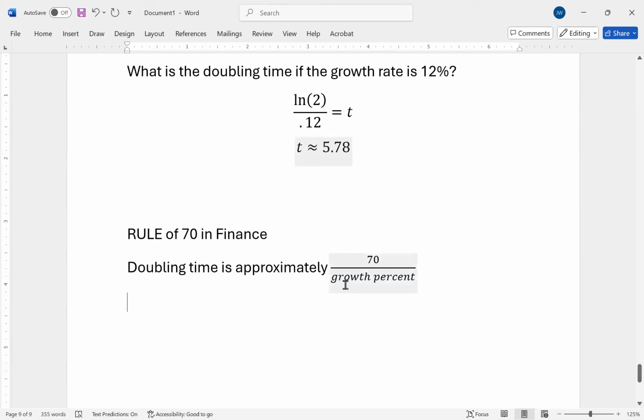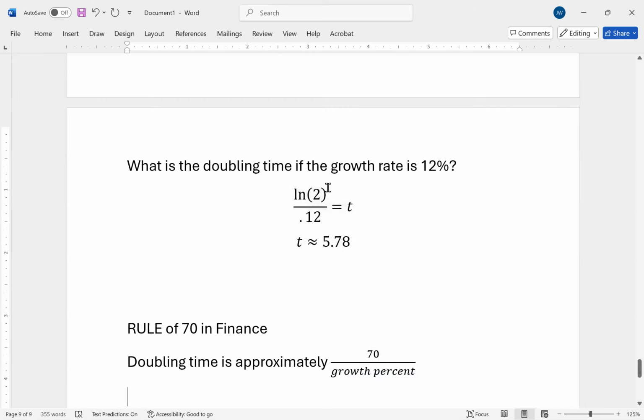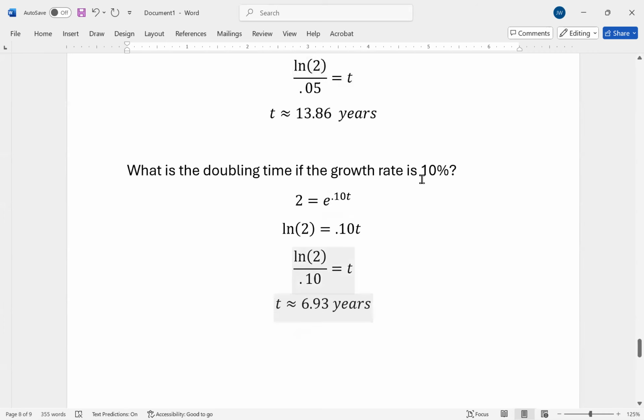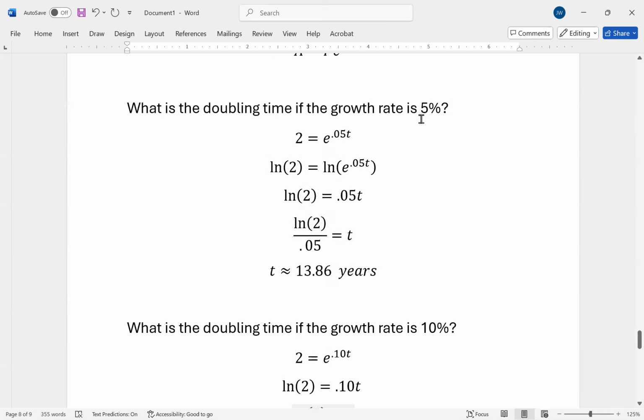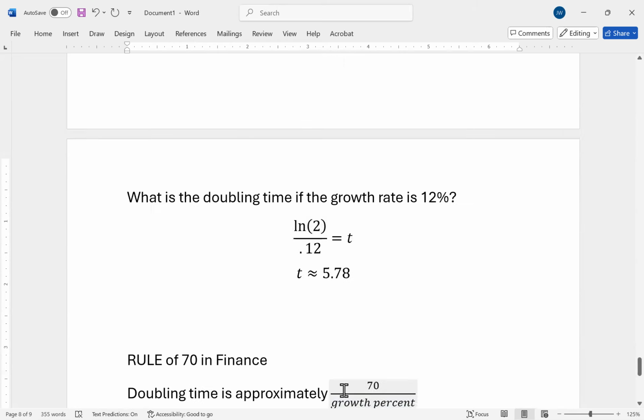So how does that work with our example? Well, what if we did the rule of 70 with 5% growth and 10% growth?